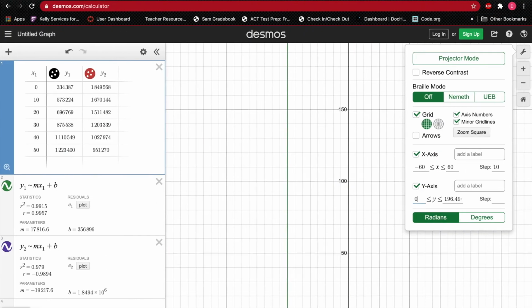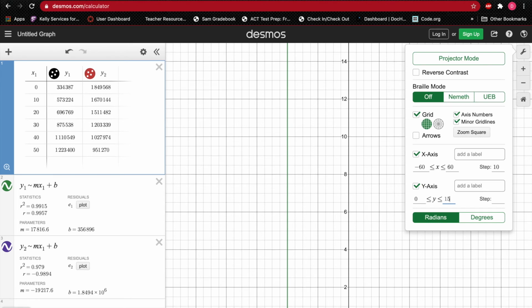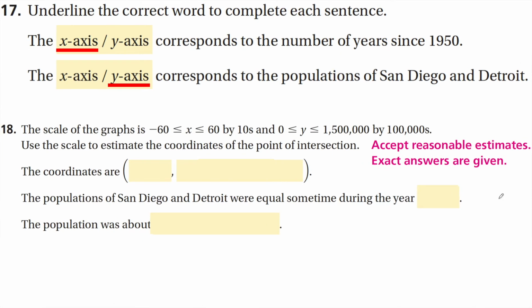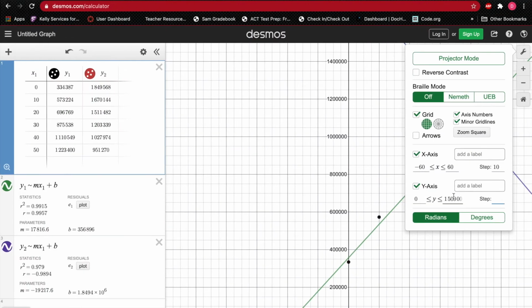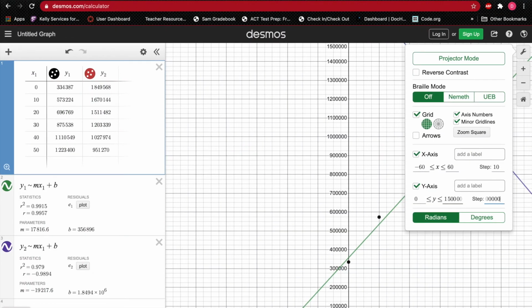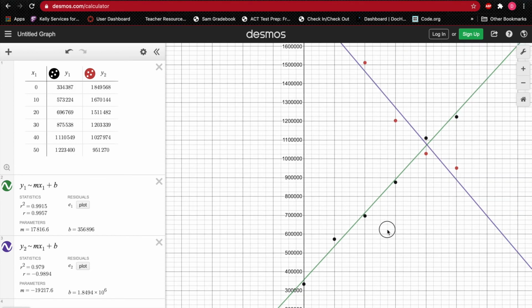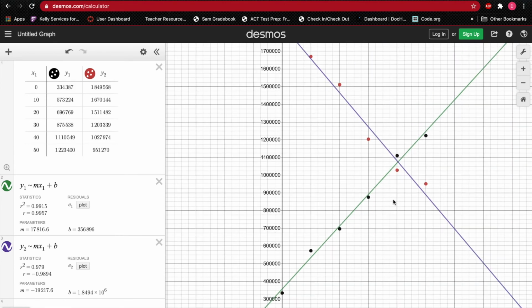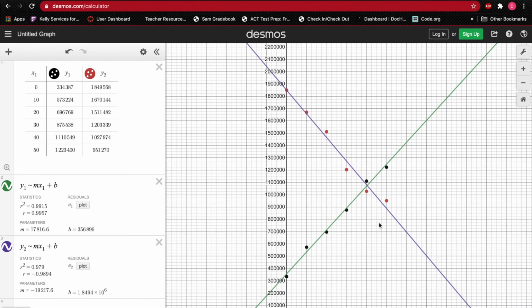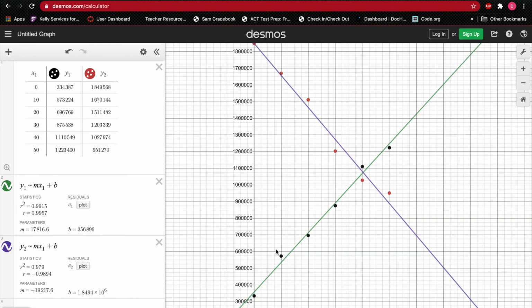So I'm going to start at 0, and we're going to increase to the 1.5 million. 1500000, and we're going to be doing a step of, I believe, 100,000. And you'll get something that looks very, very similar to this. Only in this case, we're going to be using Desmos, so you can see it where it looks like this on Desmos, whereas on your normal TI-84, it might look something slightly different.